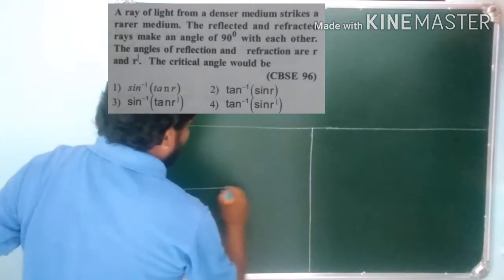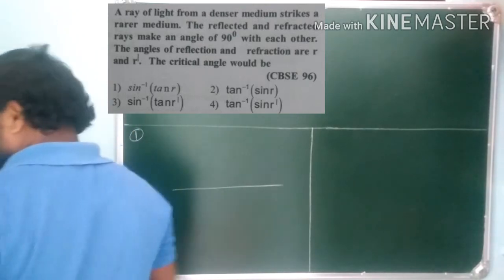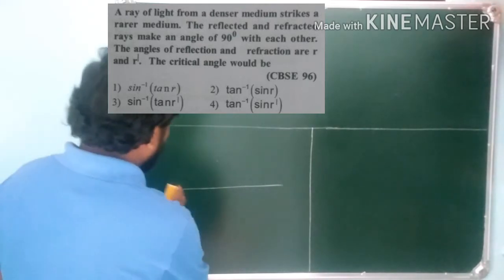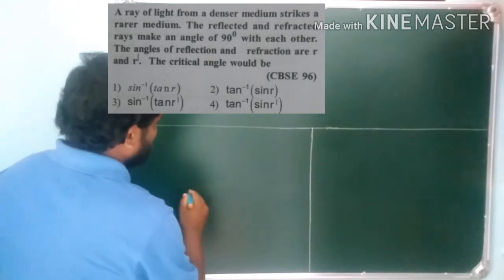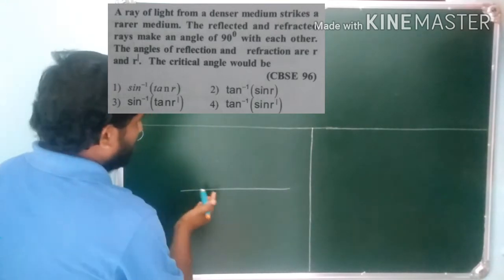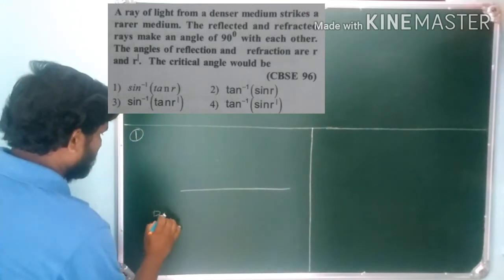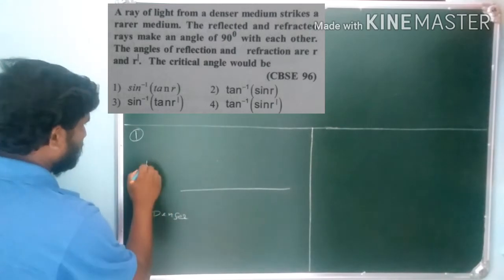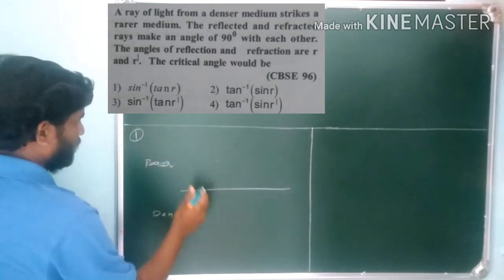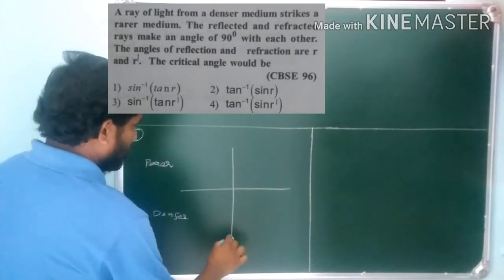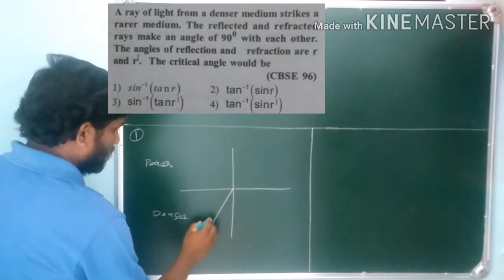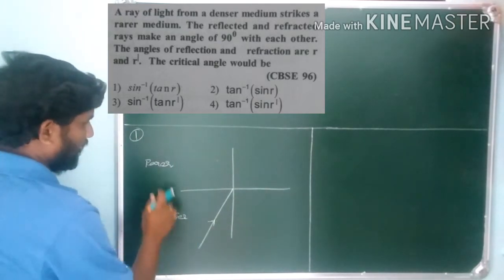Here the light ray is traveling from denser medium to rarer medium. Suppose this is the medium of separation between denser to rarer. Okay, this is the normal, and the light ray is going to strike from denser medium to rarer medium.